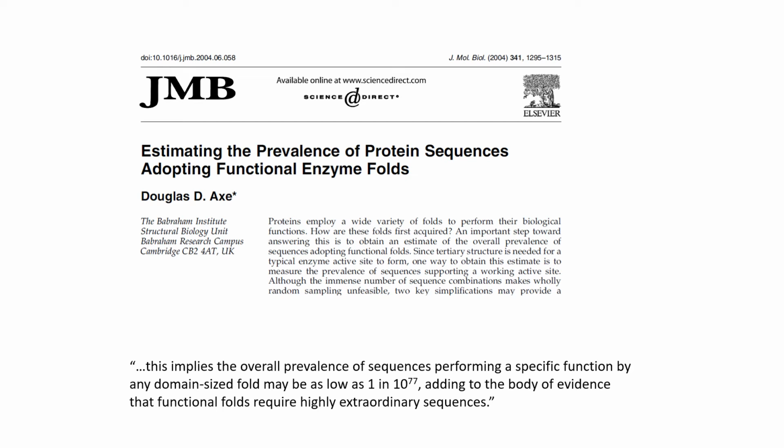His work allowed a rough estimate of that as well, judged by a protein that would form a single, stable, unique, three-dimensional configuration through its folding pattern. And his estimate was that it would be roughly 1 in 10 to the 74.